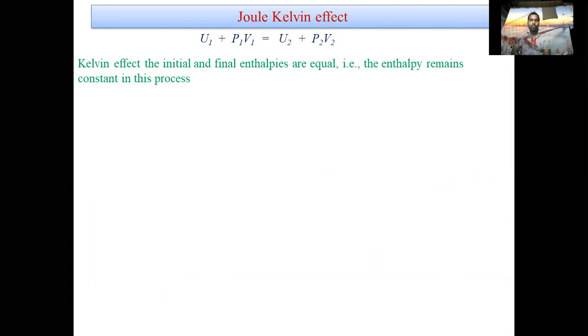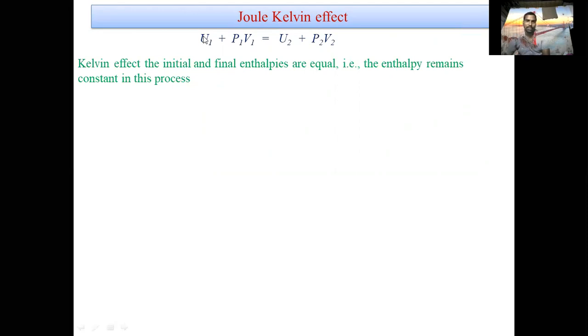Now how does the enthalpy vary in this system? We have to discuss it. In the Kelvin effect, the initial and final enthalpies are equal. That is, the enthalpy remains constant in this process.